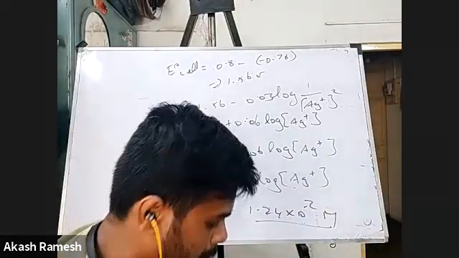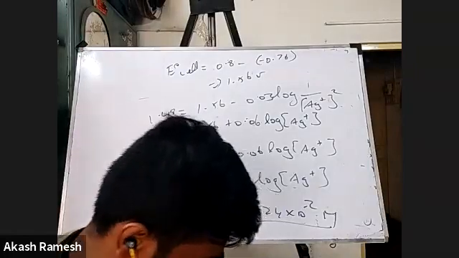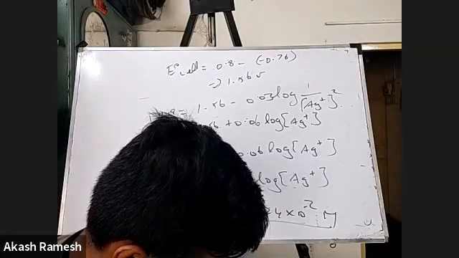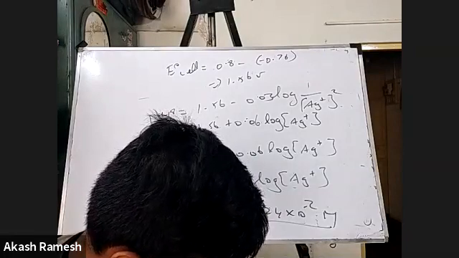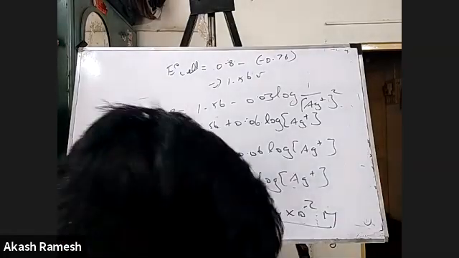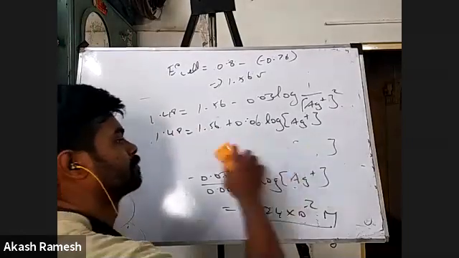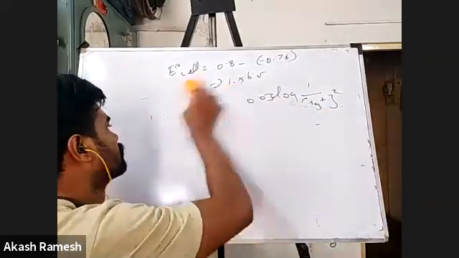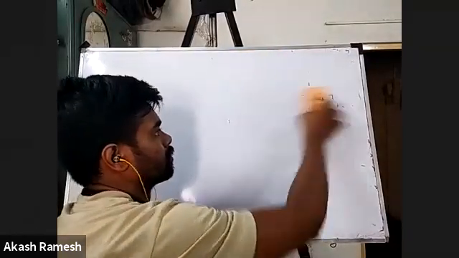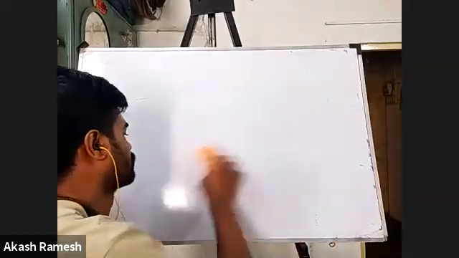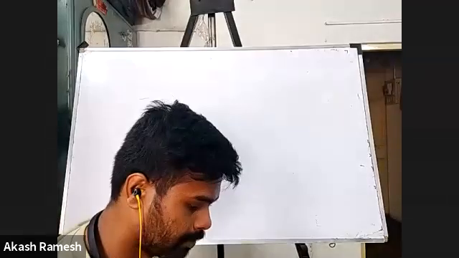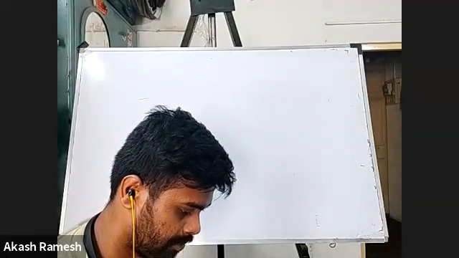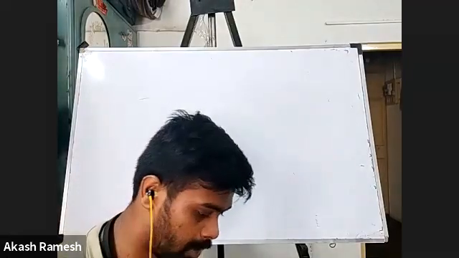Rest all things are fine. Hope you know the atomic mass of Ag. Atomic mass of Ag is 108 grams.